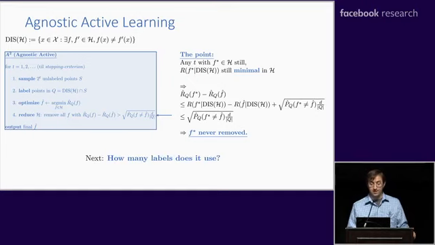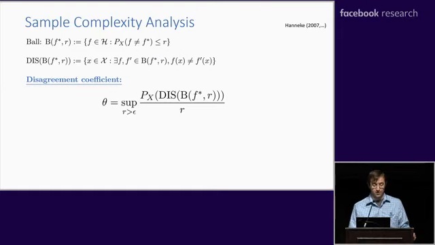And then we can ask, how many labels does it use in order to get a guarantee on the excess error rate? For this, we're going to need to introduce some additional notions of complexity, and this is where the disagreement coefficient comes in. I'll define the disagreement coefficient.